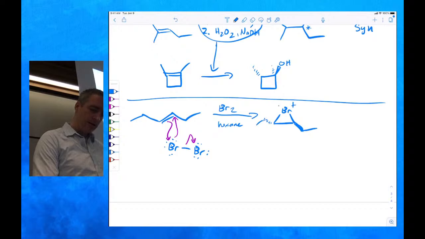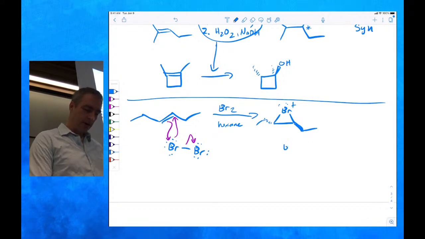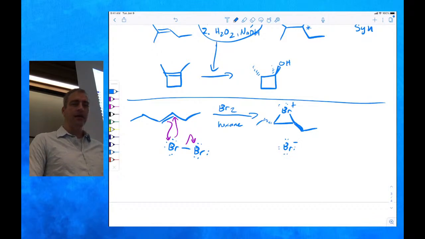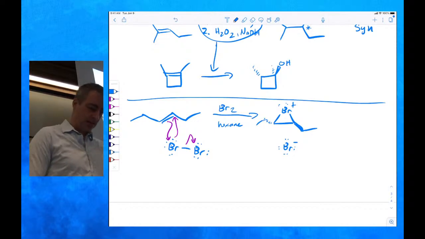Br plus, two lone pairs. That's called the bromonium cation. And you also get the Br minus produced. That cyclic cation thing is not that stable. It's better than a carbocation, actually, but it's not that stable.